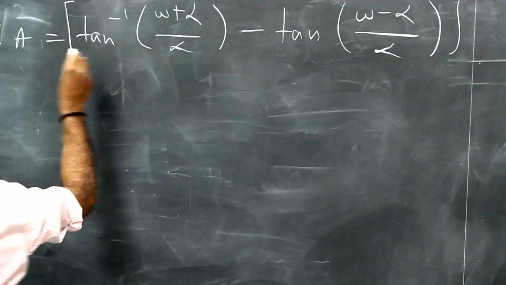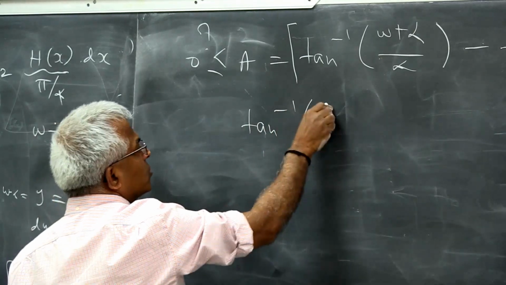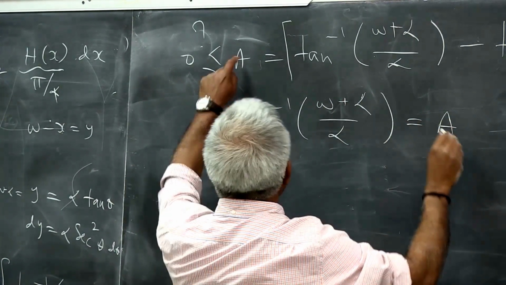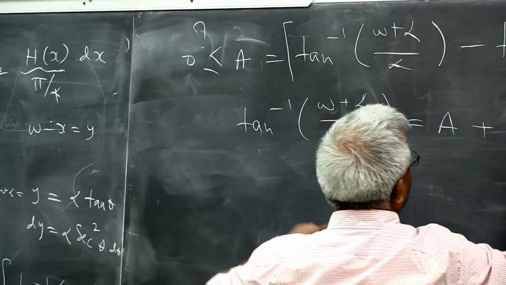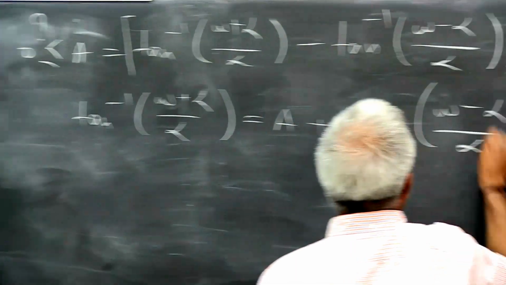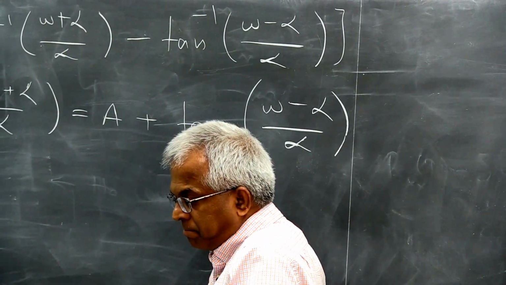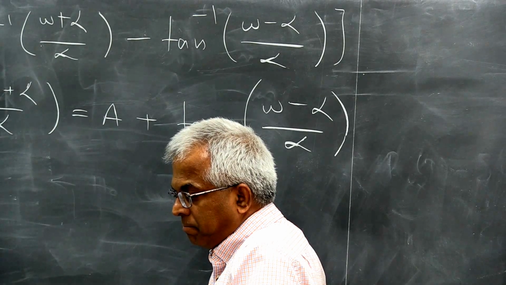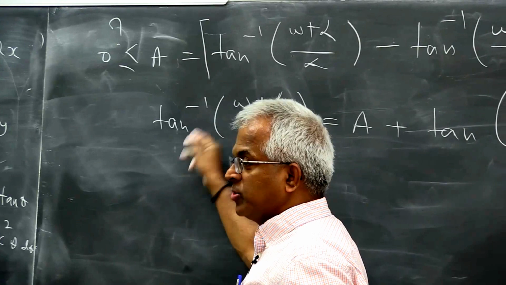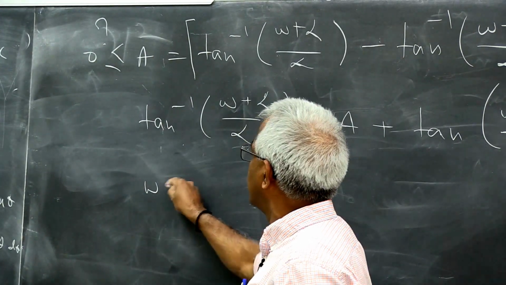All right, so from here you see, I can write this as the first term, tan inverse of (omega plus alpha) over alpha, where A is what we are trying to find out. Right, this much is true. So let me push this tan to the other side.